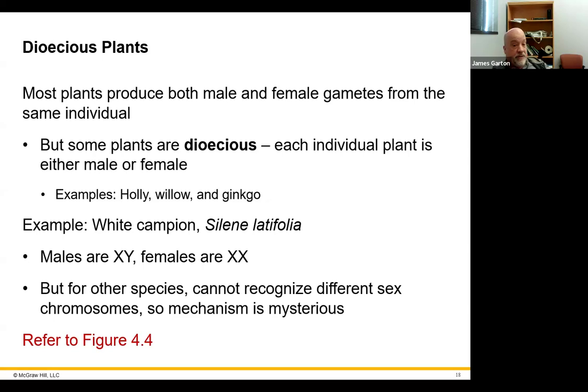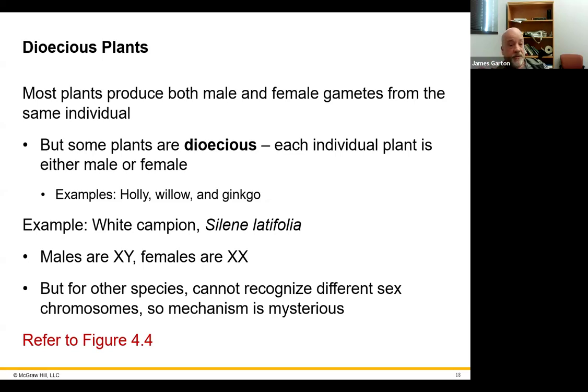And then you have plants. The typical plant produces both male and female gametes on the same individual plant. Some plants are dioecious.